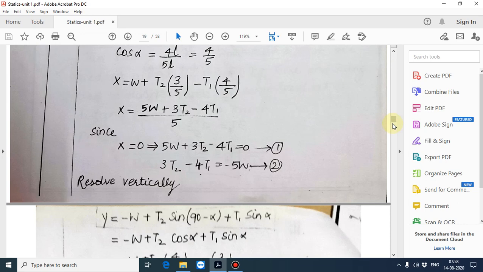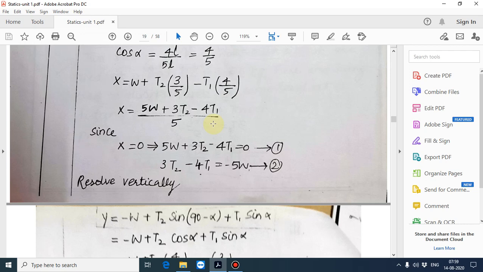Taking the LCM, you will get this equation: x is equal to 5W plus 3T2 minus 4T1 divided by 5. Since x is equal to 0, you get 5W plus 3T2 minus 4T1 is equal to 0. Keep the tensions on one side and the weight on the other side. So 3T2 minus 4T1 is equal to minus 5W. Call it equation 1.